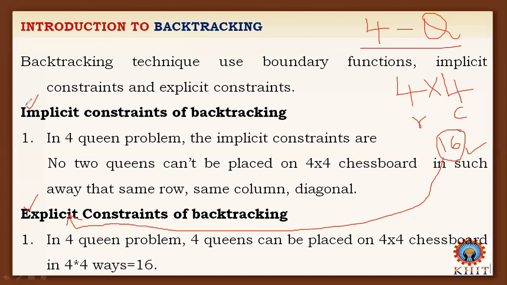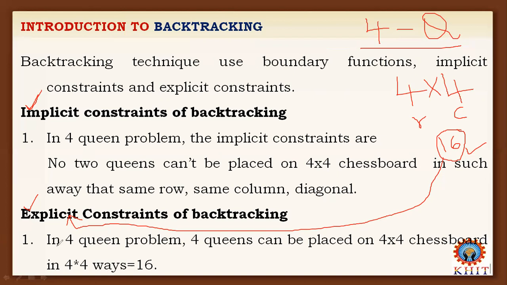Whereas implicit constraints means we have a provision for placing our 4 queens on a 4 by 4 chessboard in 16 possible ways, but the constraint is that while placing the queens on a 4 by 4 chessboard, we need to follow some conditions. What are the conditions?